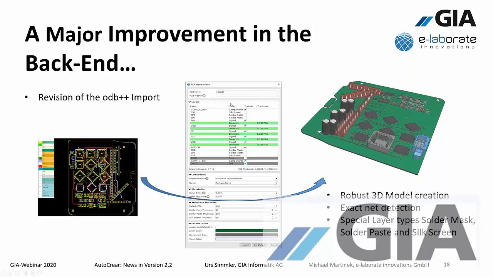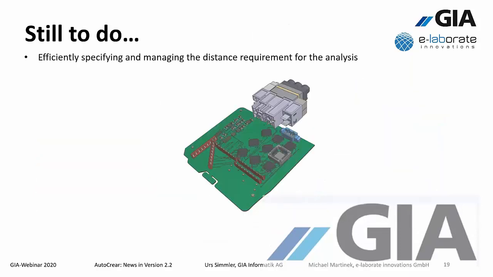You might also recognize some minor improvements in the front end. So, for example, the dielectrics are fixed in this structure here, and in between them you find the signals which you can deselect or select.